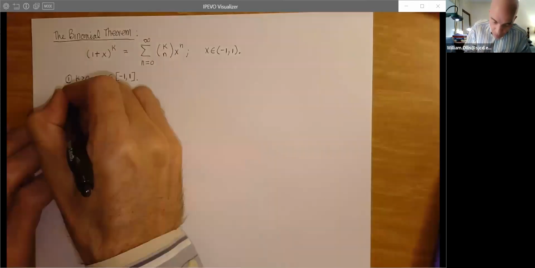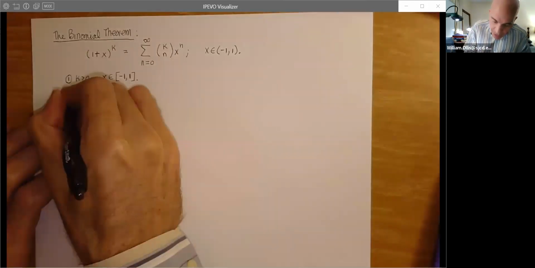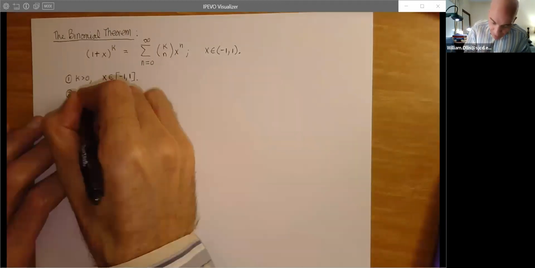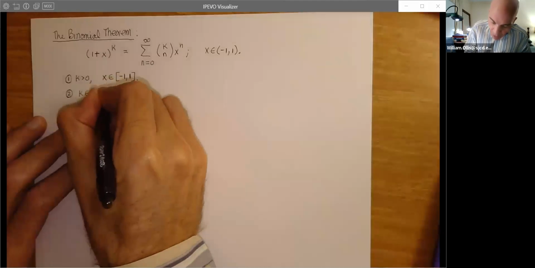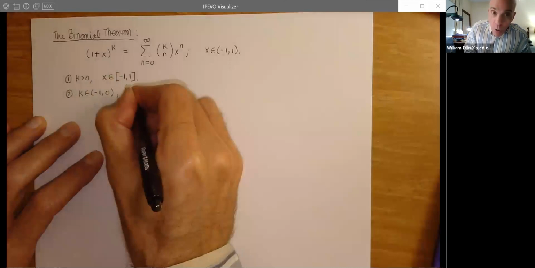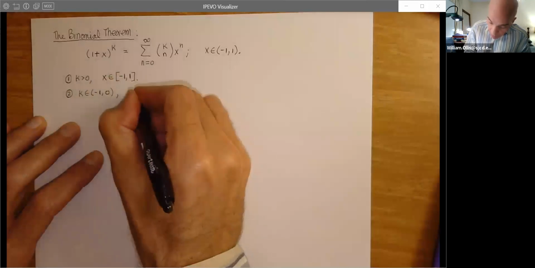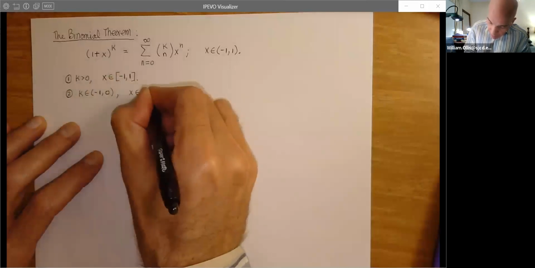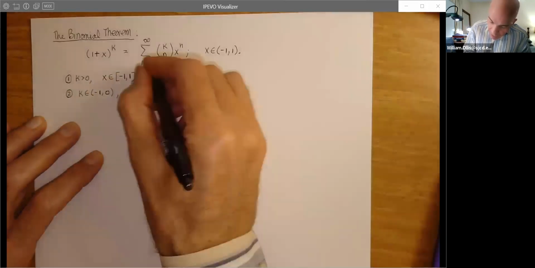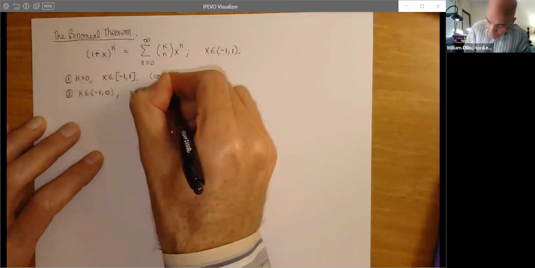So now 2 would be, for instance, if k lives here, that is k is between -1 and 0. We can get convergence at 1, but not at -1. So basically, this is convergence.